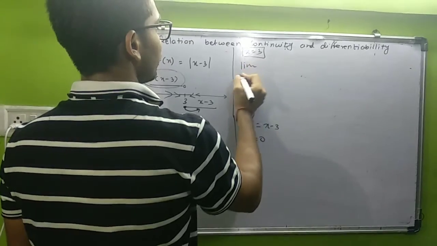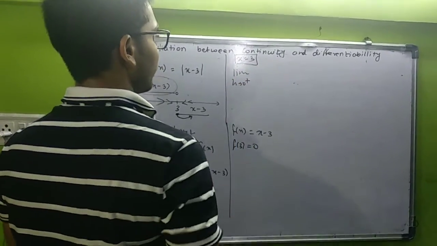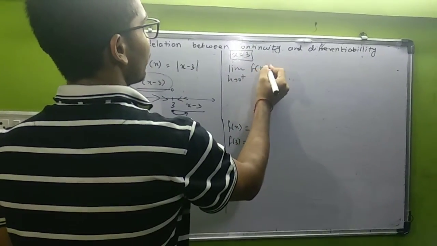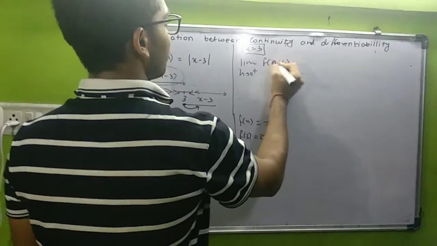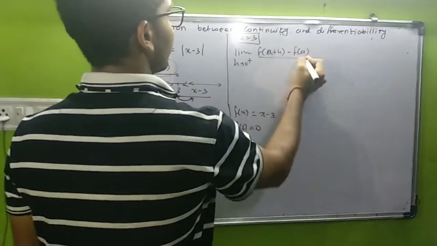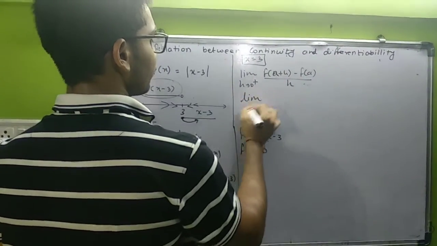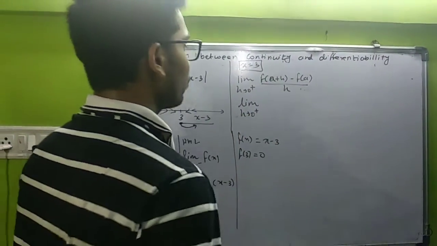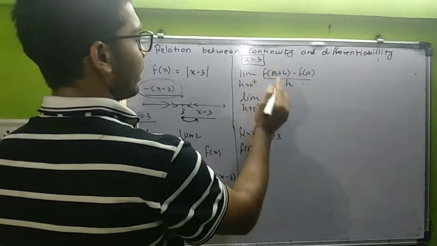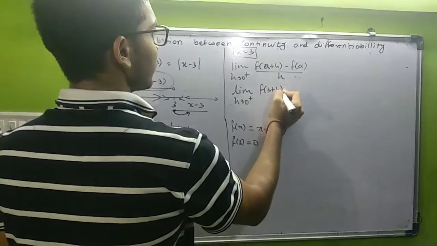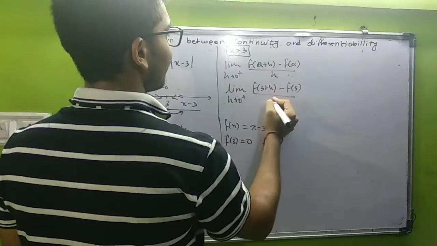So limit h tends to 0 plus f of a plus h minus f of a divided by h. So limit h tends to 0 plus, in this case a is what, 3 plus h minus f of 3 divided by h.